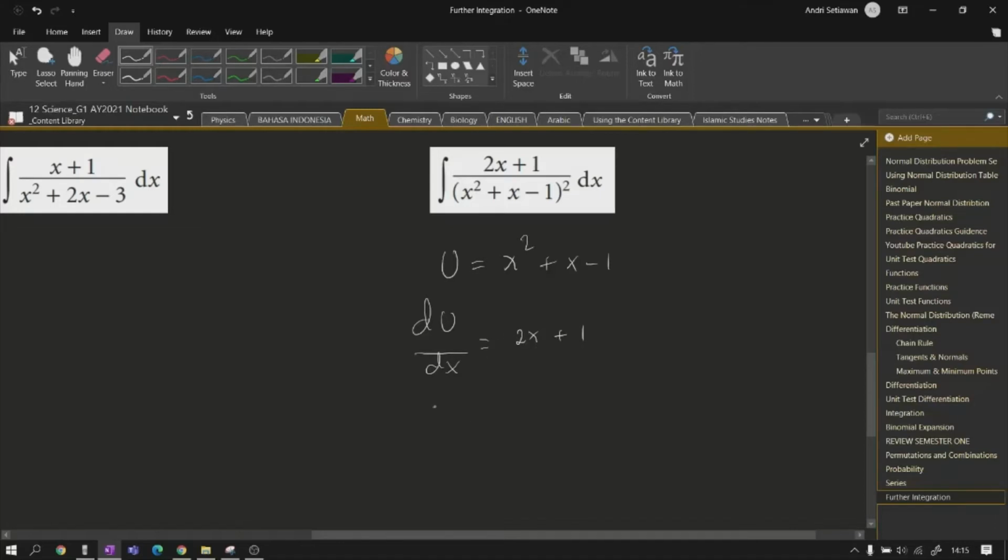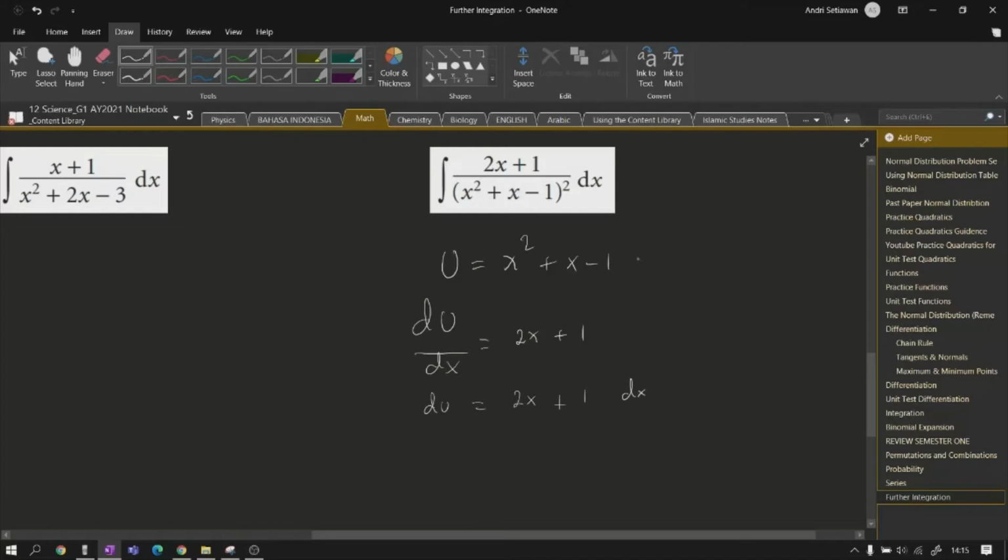We can move dx to the right side, or multiply both sides by dx, so we get du equal to 2x plus 1 dx. This is just cosmetic. If you want to divide it by 2 or multiply by 3, you don't need to multiply by 2.